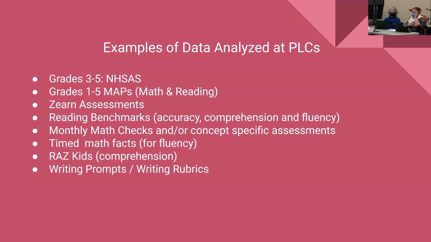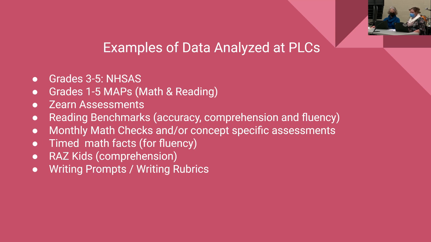This slide is about some examples of the data that we look at when we're at PLCs. Grades 3 and 5 have the New Hampshire statewide assessment system, the standardized test. MAPS are grades 1 through 5 in math and reading. Zern is our math program, and they have assessments there, plus reading benchmarks that test accuracy, comprehension, and fluency.